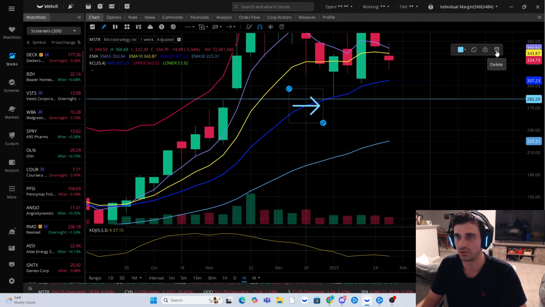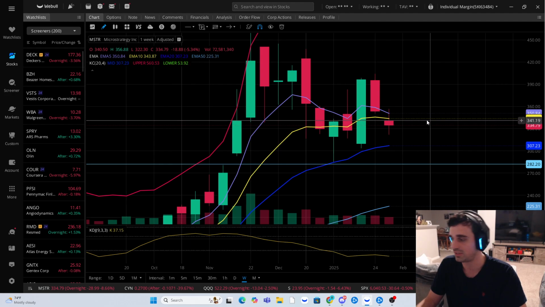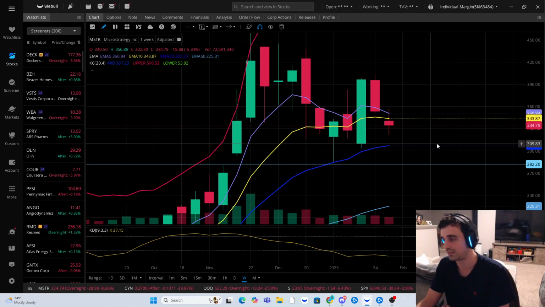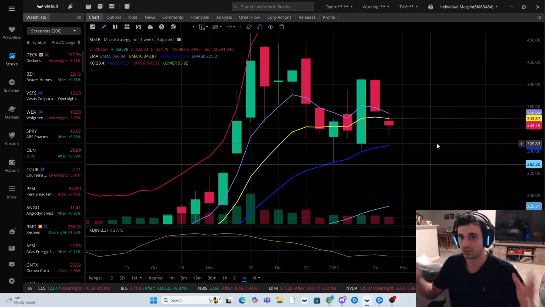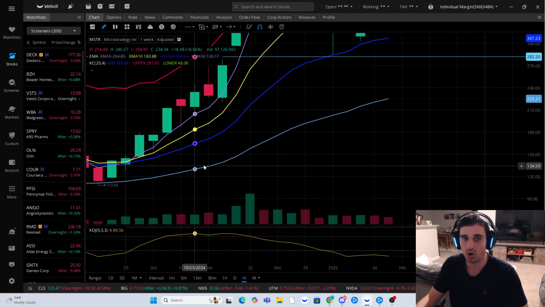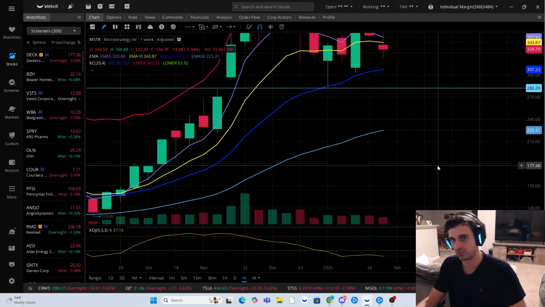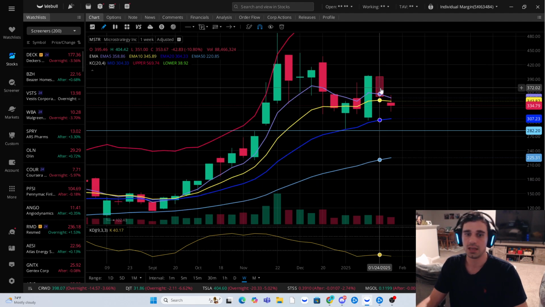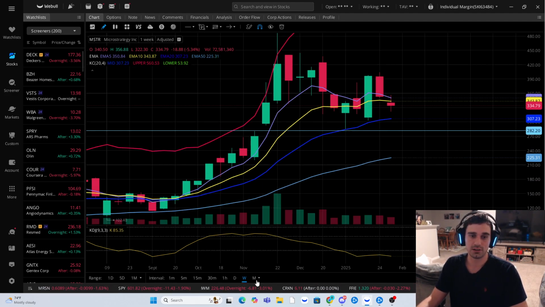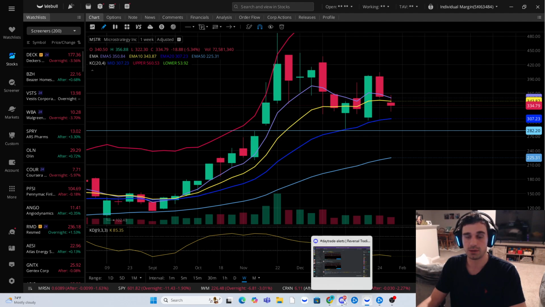They're bigger algo zones. And when you keep testing levels multiple times, you have to understand they're probably going to break down to the next EMA. Price will always revert to the mean. Price will always eventually go back to the EMA 50, whether the EMA goes up to price or price goes to the EMA 50. So remember that. But awesome trend here. Nothing's wrong with MSTR. Let's just keep pumping it up, riding it out.